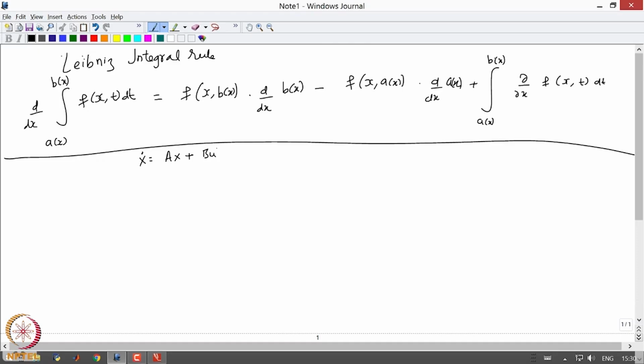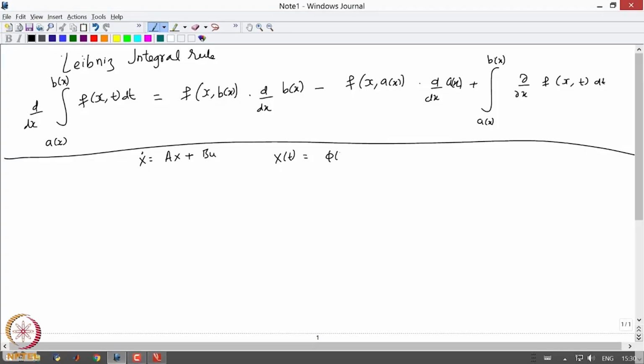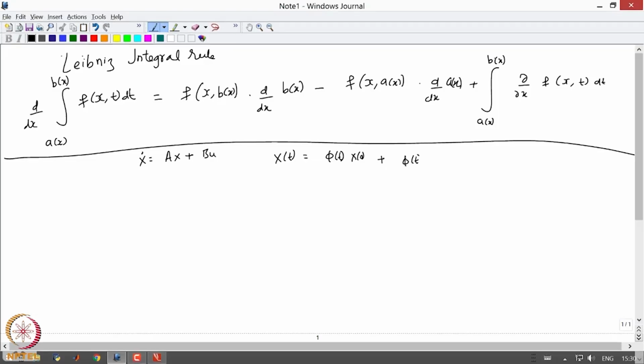Okay, so what I propose as a solution to this set of equations is the following, written in a bit of a general form: x of t is phi of t x naught plus phi of t integral 0 to t of phi of minus tau B u tau d tau.